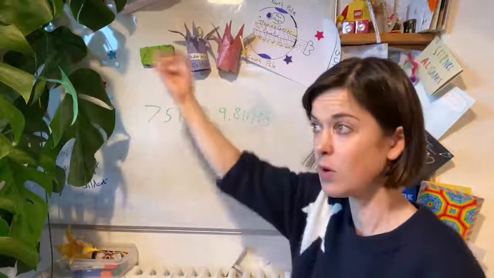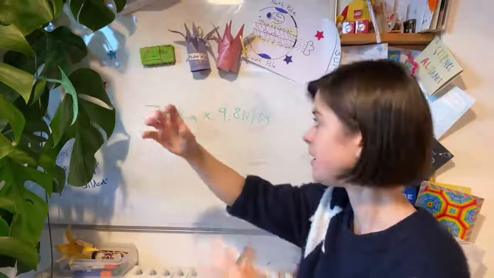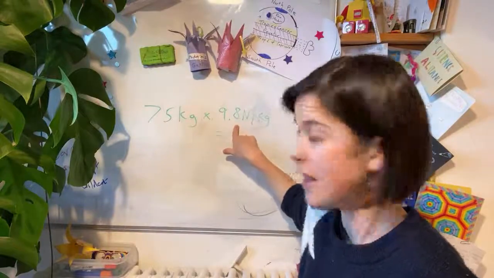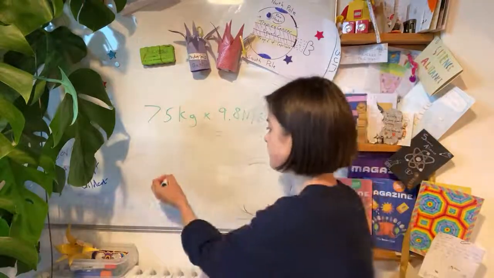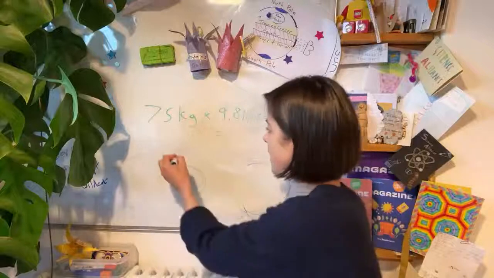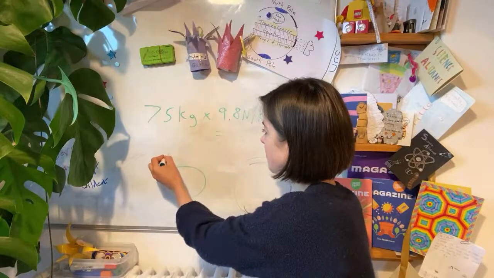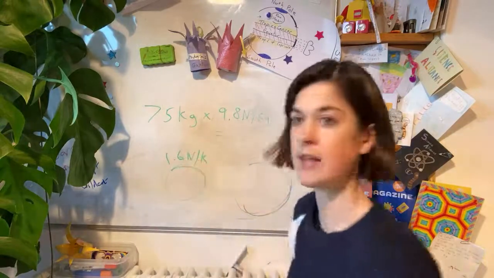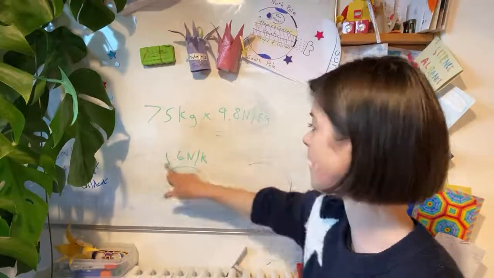So for every 1 kilogram on Earth, it's getting pulled on with a force of 9.8 newtons. Whereas if you're on the moon, you would only be pulled on with a force of 1.6 newtons per kilogram.